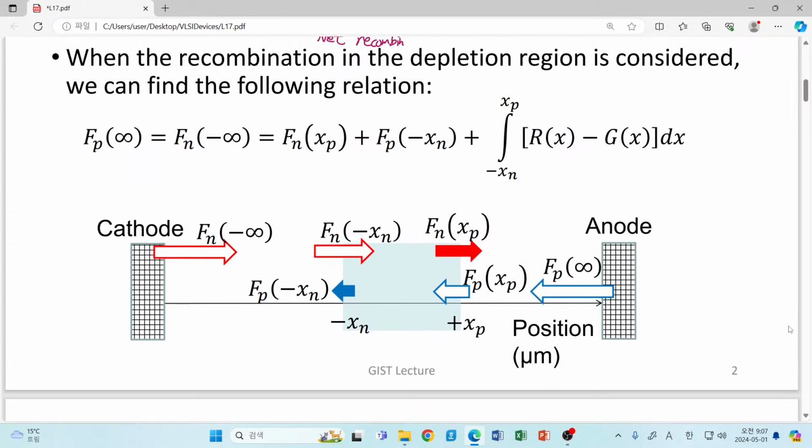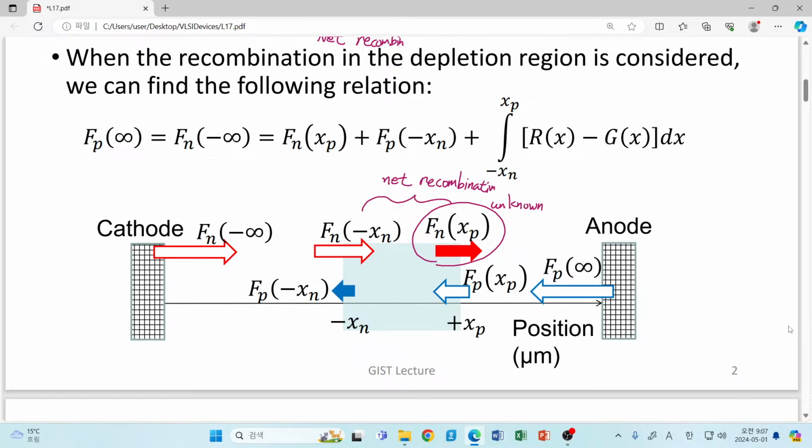Simply speaking, let's have a look at this one. We know this value. This value is a known value, and let's assume that there is a certain amount of net recombination. Recombination is specified as a recombination rate.